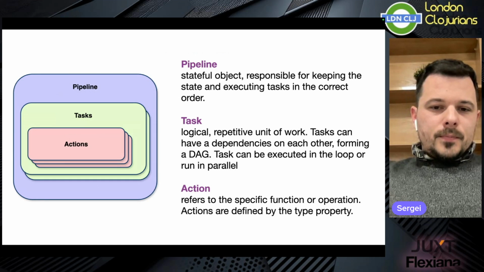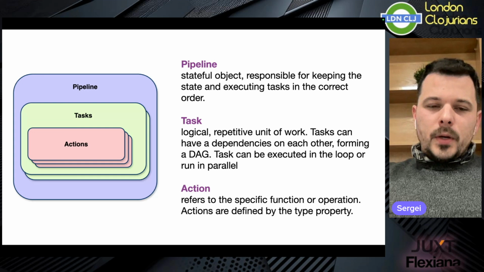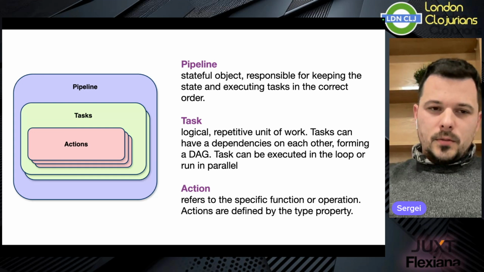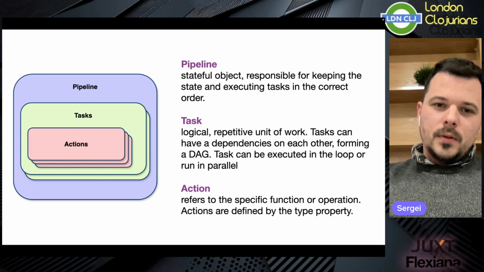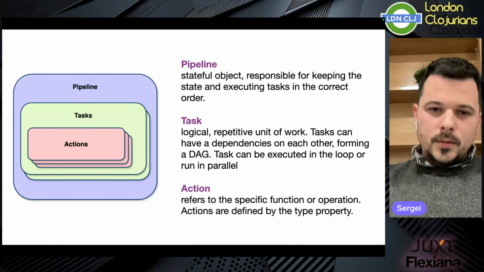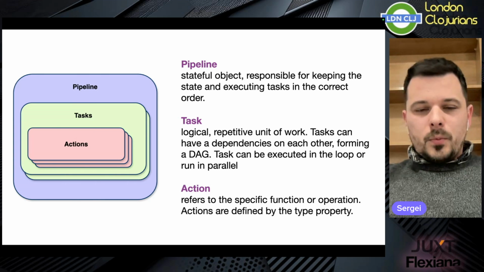Actions and tasks differ in that actions you can think of as just plain functions. Every action can do one small thing, and you can compose different actions under the task. And a task is a logical piece of work.